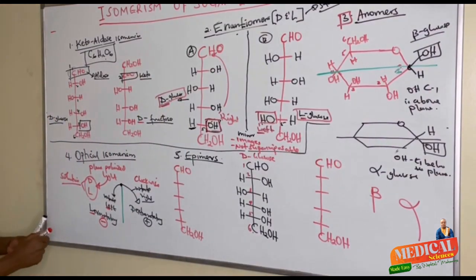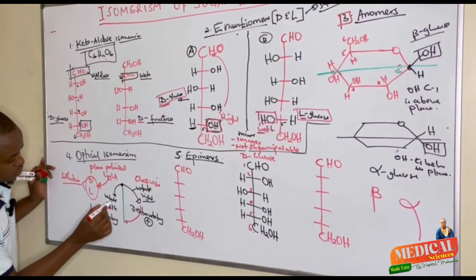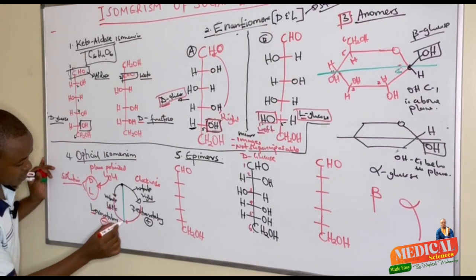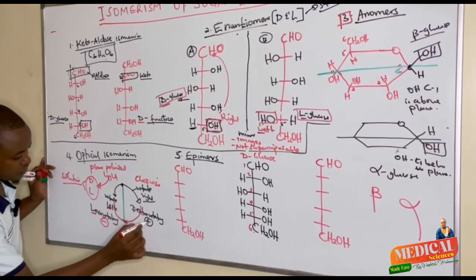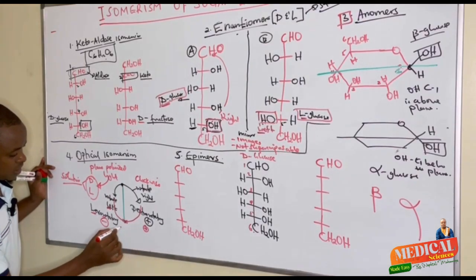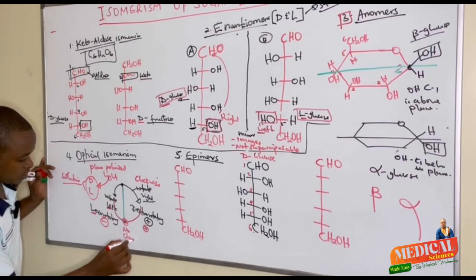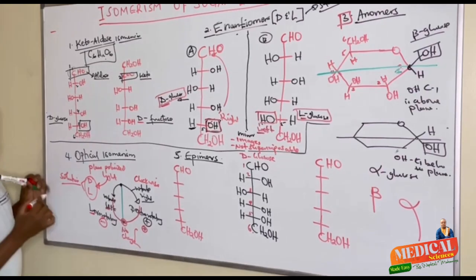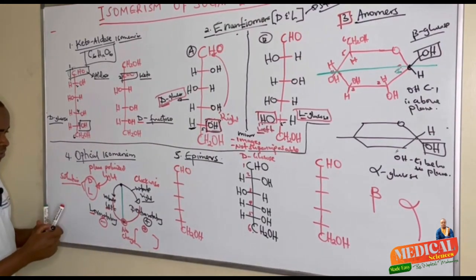So we are saying if these rotate and meet here, and this one rotates on the left and they meet at the same point, the negative charge and the positive charge cancel out. And at this point they have no charge, and this is where they meet together, what we call a racemic mixture.